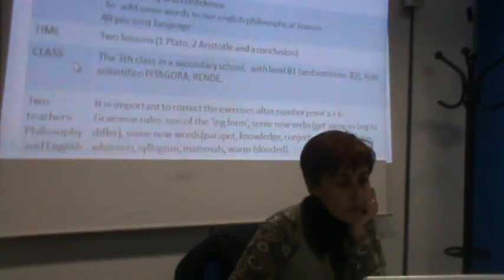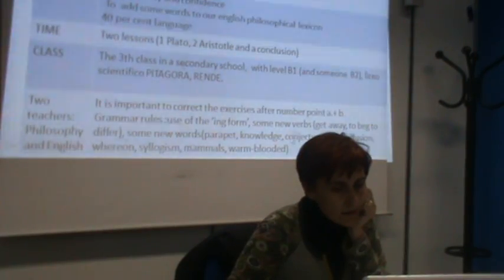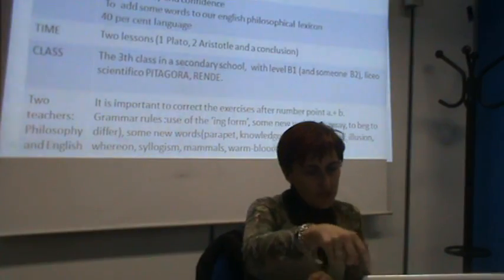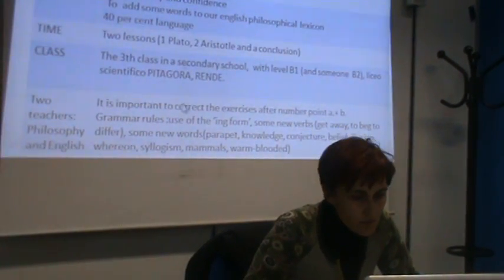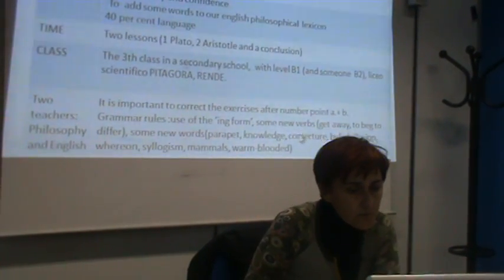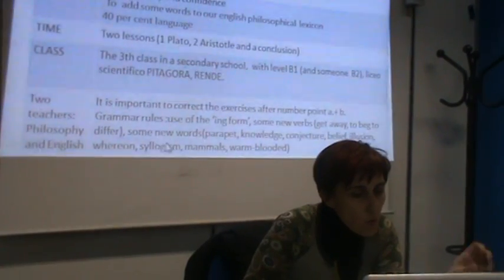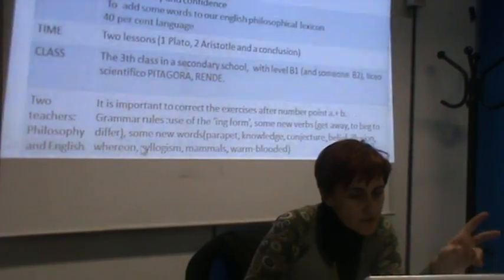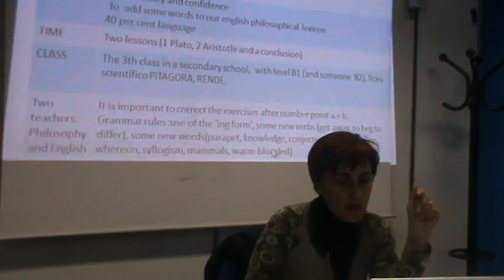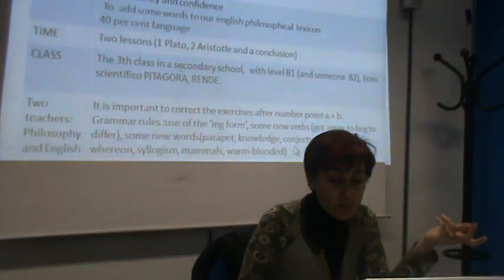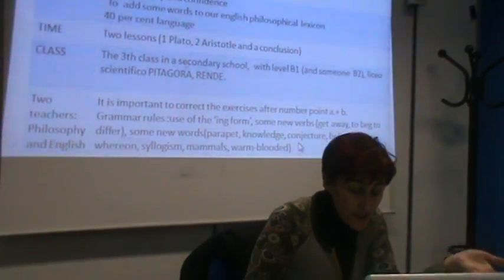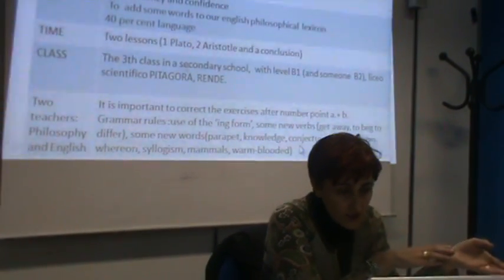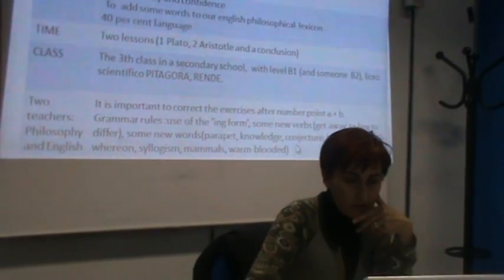And then here we have a little syllabus of the lesson, grammar rules, and a syllabus of new words: parapet, knowledge, conjecture, belief, illusion, wearer, syllogism, mammals, warm-blooded. Because it is possible to teach together, to work together, the English teacher and the philosophy teacher.